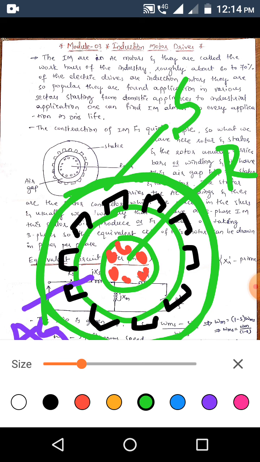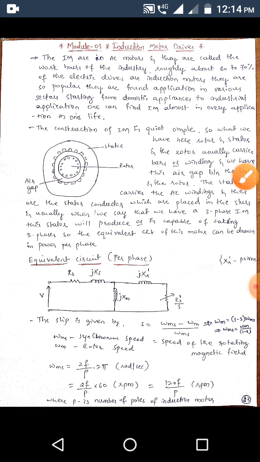So we'll draw the equivalent circuit diagram for this induction motor drive. Okay, so I will draw it here.